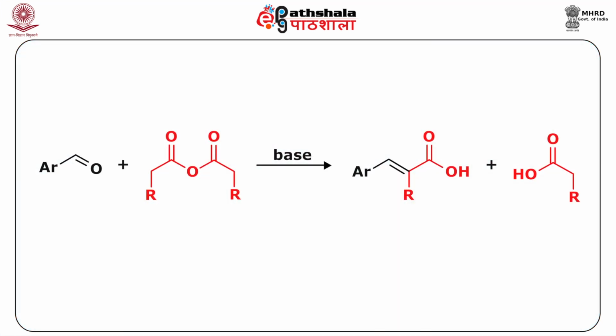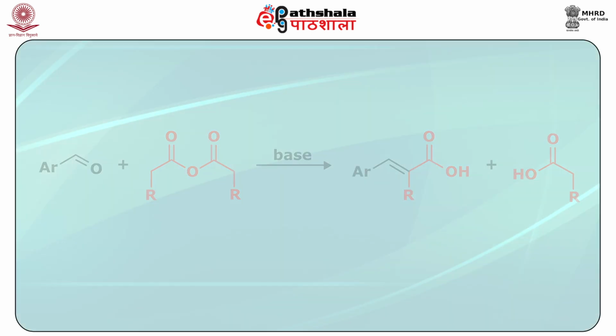As you can see on the screen, the alkali salt of the carboxylic acid acts as the base to abstract the proton to generate the alpha carbanion. So, the general reaction is shown here. You have an aromatic aldehyde, which reacts with this particular anhydride, and the base used is the salt of the same acid from which this anhydride has been prepared, and as a result you get the alpha beta unsaturated aromatic carboxylic acid as the product.